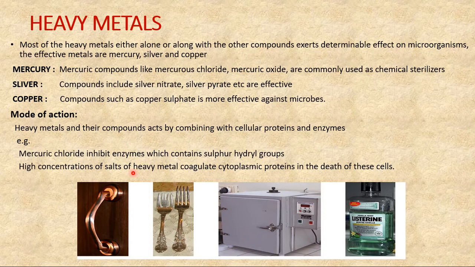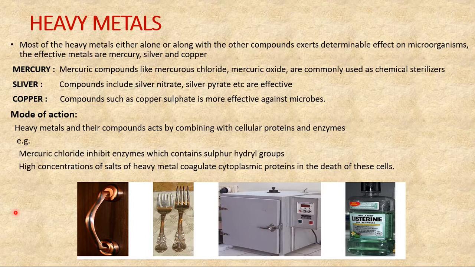Then how do these heavy metals act on microorganisms? They combine with the cellular proteins and enzymes. For example, mercuric chloride inhibits enzymes which contain sulfhydryl groups. So this HgCl2 combines with the enzymes containing sulfhydryl, blocking the enzyme action and releasing HCl.